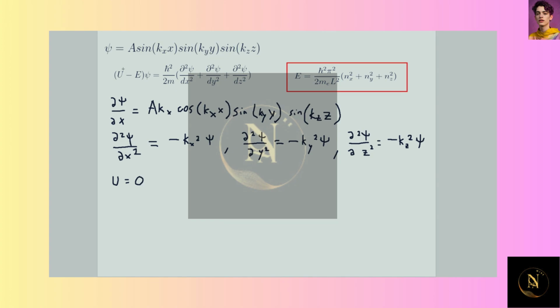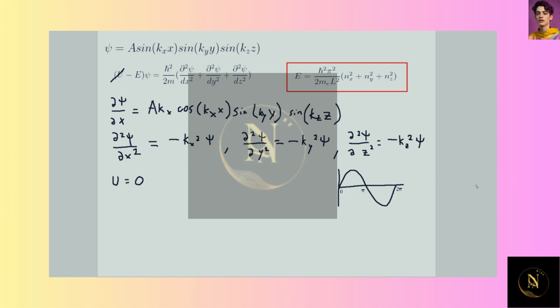So all that simply means is that we can just cross off the u in this expression here. Secondly, in order to get this expression in terms of integers here, as well as the actual dimensions of the box itself, we need to look at what the value of psi will be at the walls of the box. So looking at, let's just say, the x direction, we know it's described by a sinusoidal relationship here.